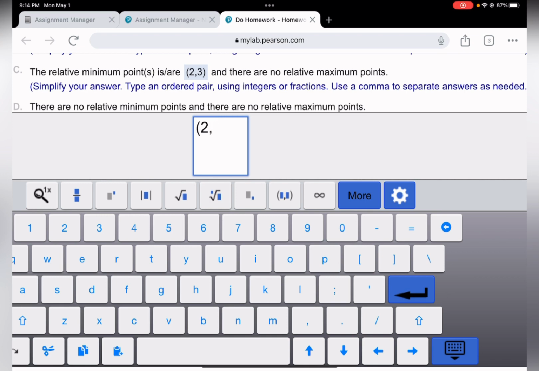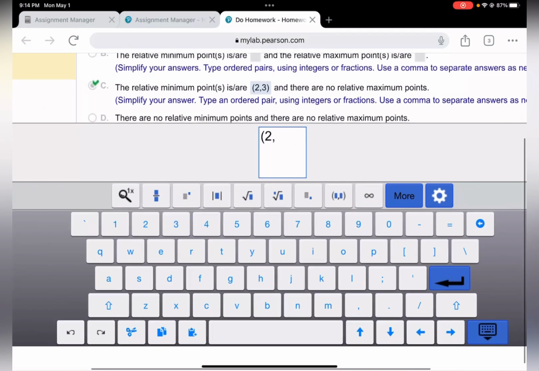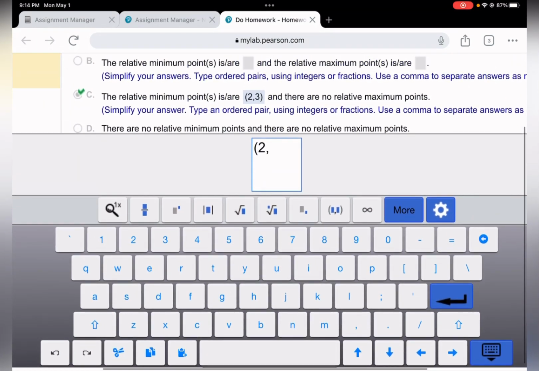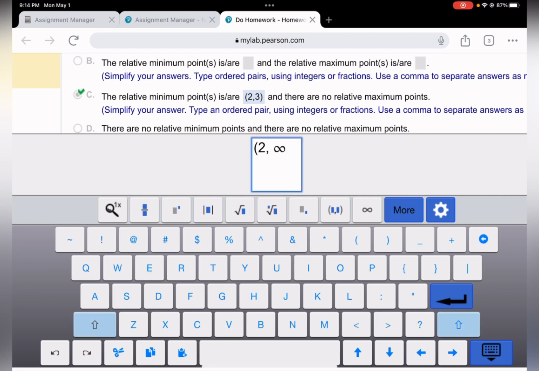Now go find it. Oh, here it is. And closing. So it's rising, right?